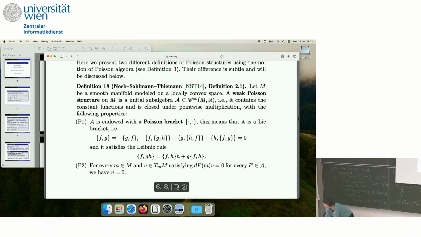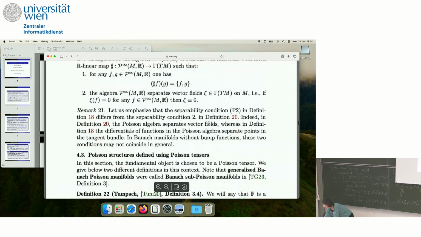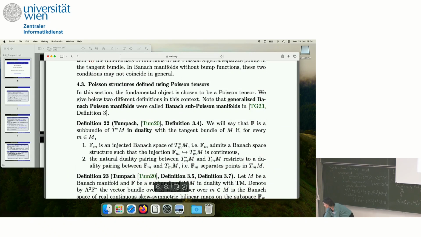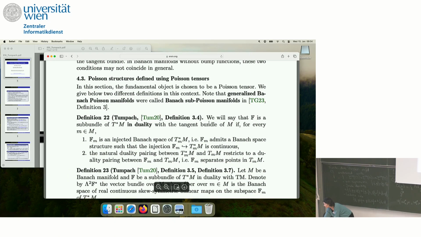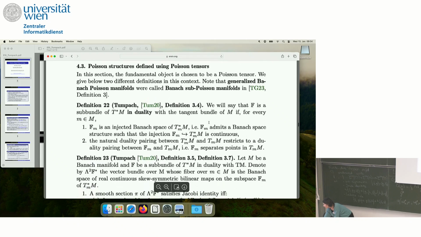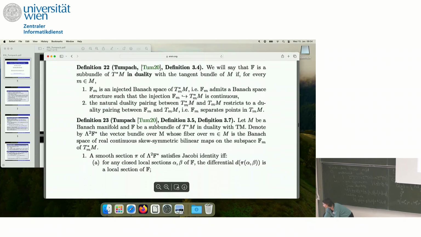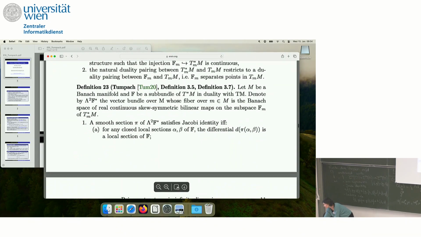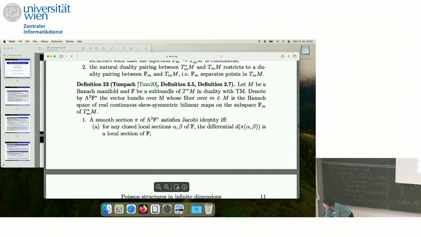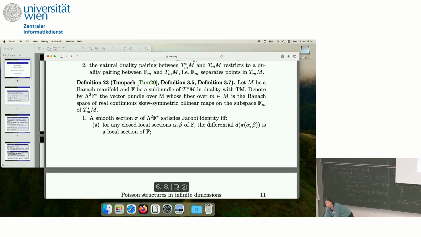And the last approach, which is the one that I used in my paper on Banach Poisson-Lie groups in relation to the KdV equation, is simply through a section, so using a Poisson tensor section of an appropriate subbundle.